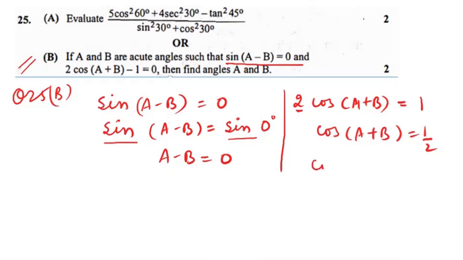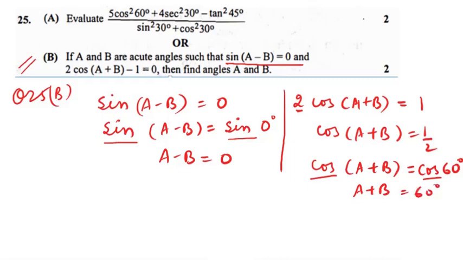Now just think, half is the value of cos 60 degree. So on both sides we have cos, so A plus B is 60 degree.